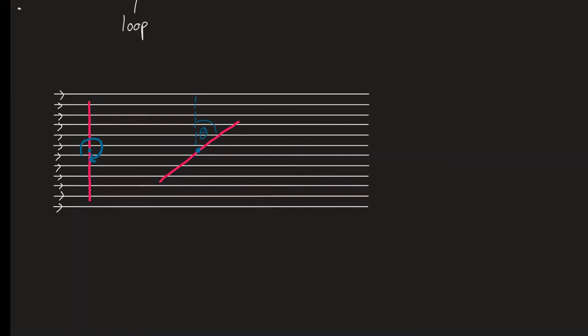If we go through and check off field lines here, we've got 1, 2, 3, 4, 5, 6, 7, 8, 9, 10. 10 field lines, so that relates to some amount of flux. And here, where the loop has been rotated, we've got 1, 2, 3, 4, 5, 6 field lines passing through the loop.